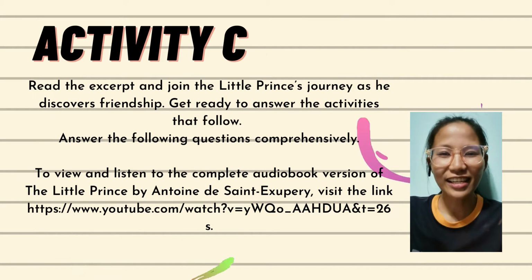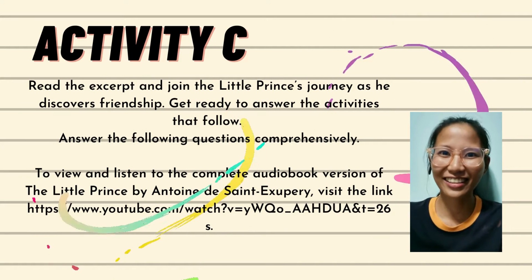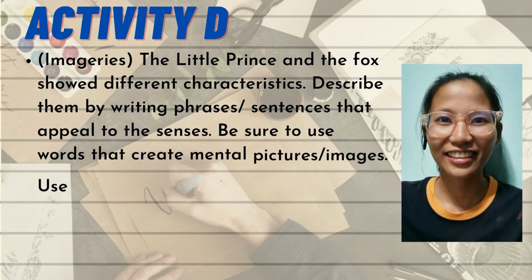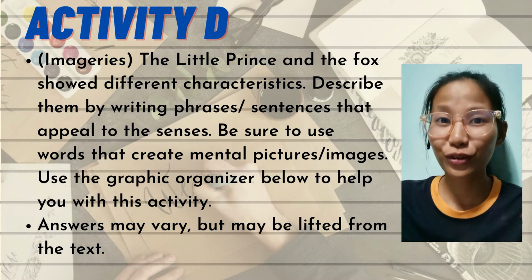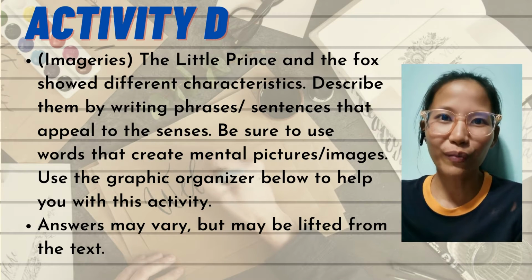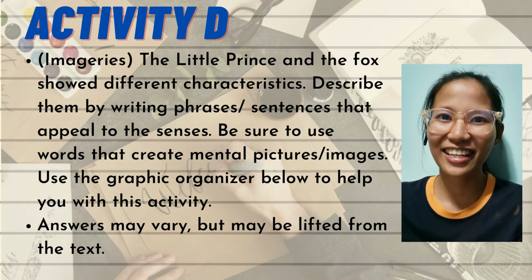We already gave the link for you to search for it. Alright, for Activity Letter D, this will let you describe the characters from the material that you viewed, which is The Little Prince.